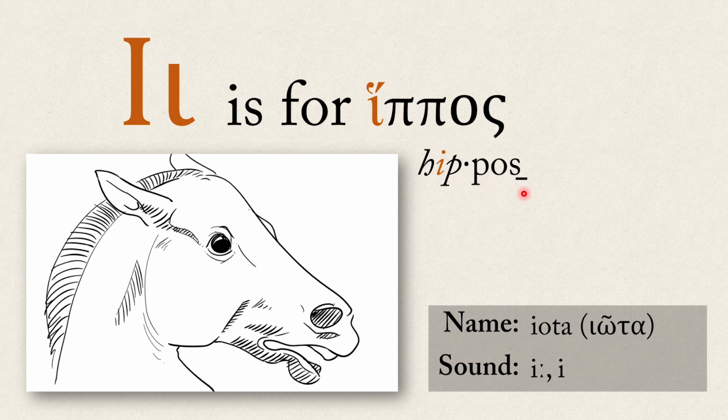The letter name for the I sound is iota. It can have a long E sound or a short I sound. If it's a long E sound, in some texts it will be written with a macron, that long line, indicating that that iota is a long iota.